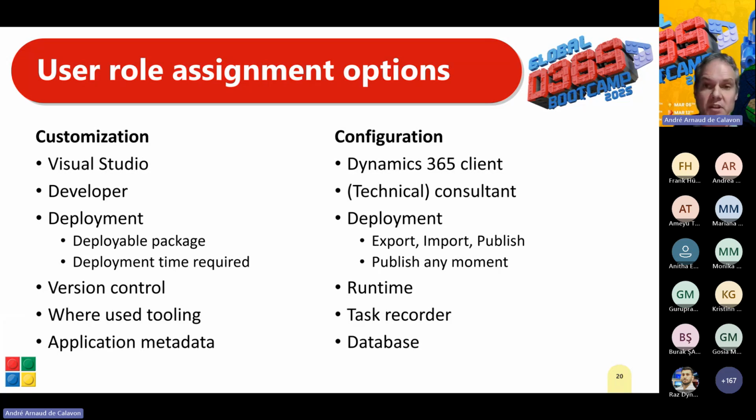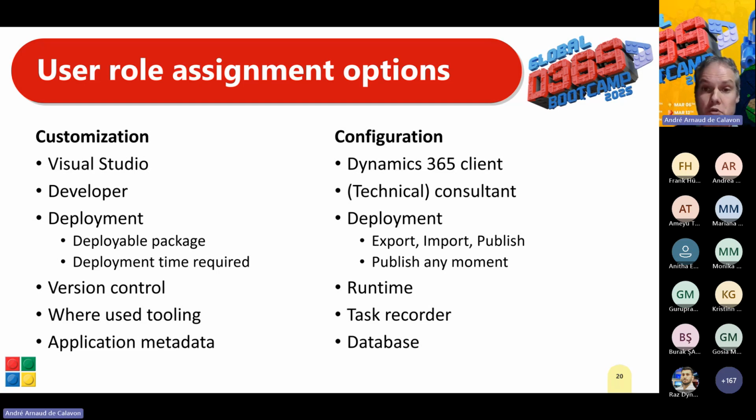For a deployment, if you are using the configuration option, from the security configuration page, you can export the configured changes, go to another environment, import it, and publish the changes. And this can be done at any moment without any downtime.